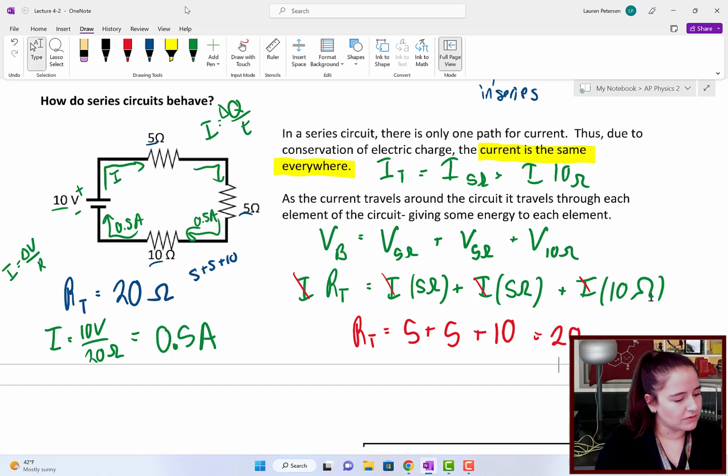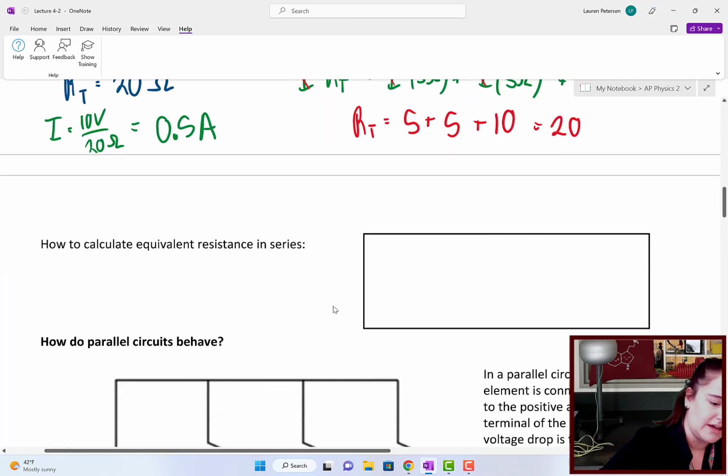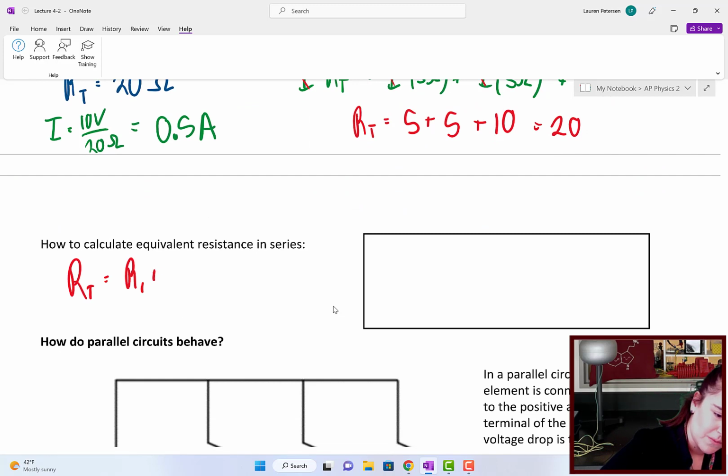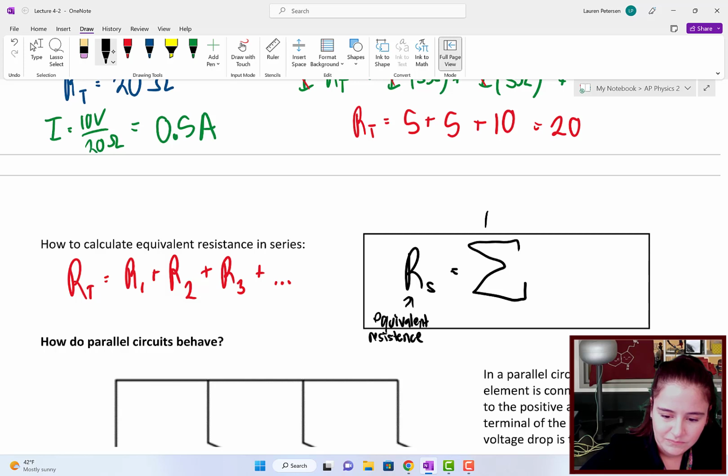And that is how we calculate that total resistance. R total is just going to be R1 plus R2 plus R3, etc. On your equation sheet, that's represented as R series, the equivalent resistance of resistors in series, equals the sum of each individual resistance.